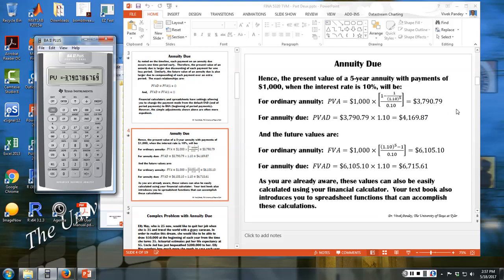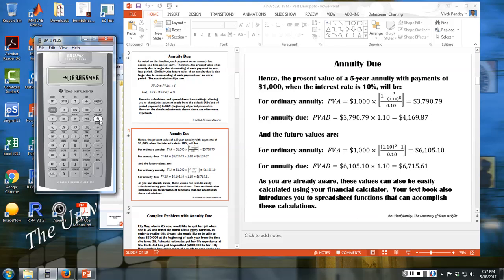So that's the present value for regular annuity. We multiply it with 1.1, 1 plus the interest rate, and we are going to get 4169.87, right? And that's the present value of annuity due. So that's one way of getting it.